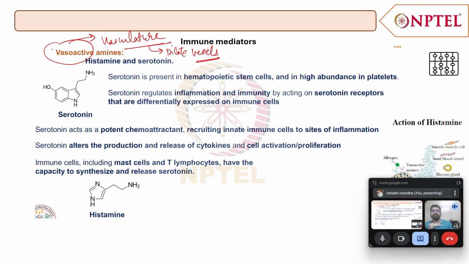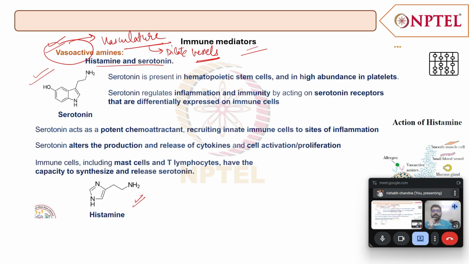That is the major meaning of vasoactive. So there are histamine and serotonin. This is the structure of serotonin, and this is the structure of histamine. These two molecules are basically vasoactive, and they can mediate the immune response in any conditions.